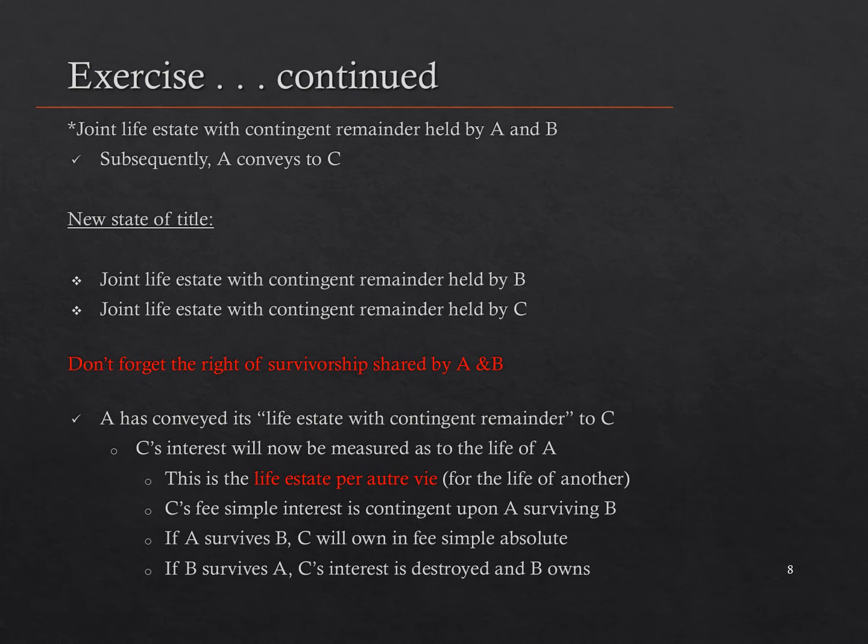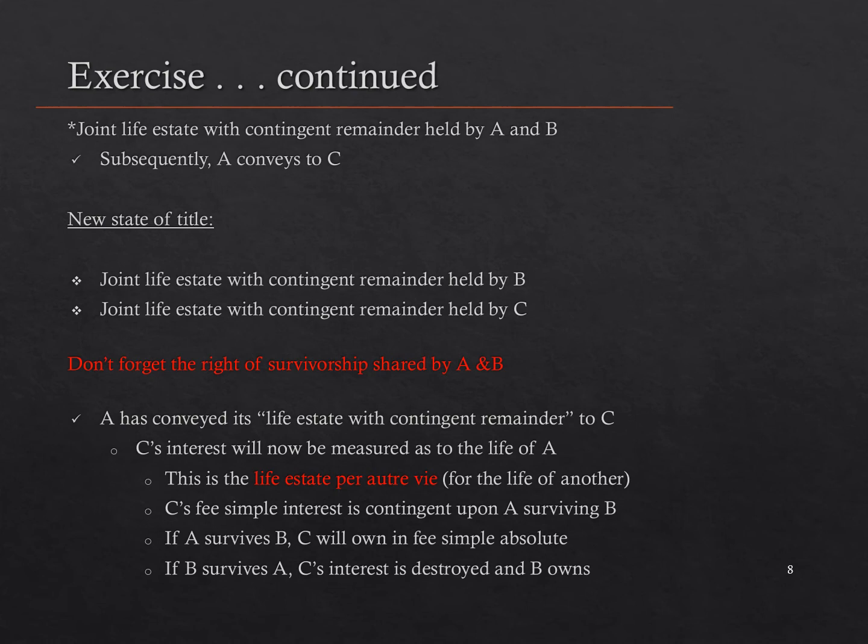The contingent remainder was ultimately and originally between A and B. So again, to reiterate, when A conveys to C, C's fee simple interest is contingent upon A surviving B. If A survives B, C will own in fee simple absolute. If B survives A, C's interest is destroyed and B owns in fee simple absolute.